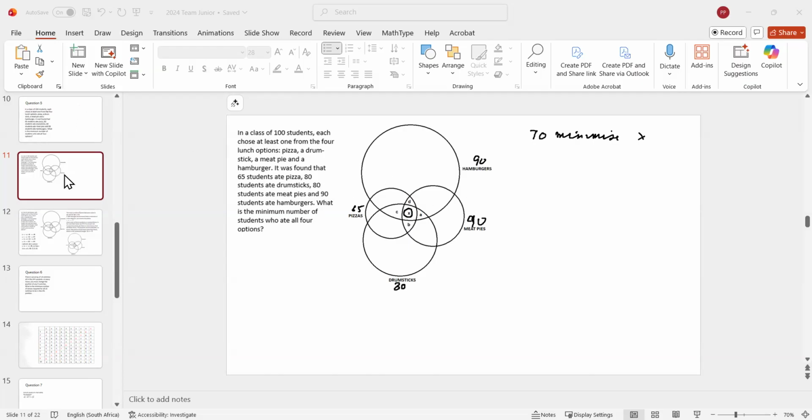All right, I just want to record that information in the diagram. Now we want to have this as small as possible, which means that the outside must be as large as possible.